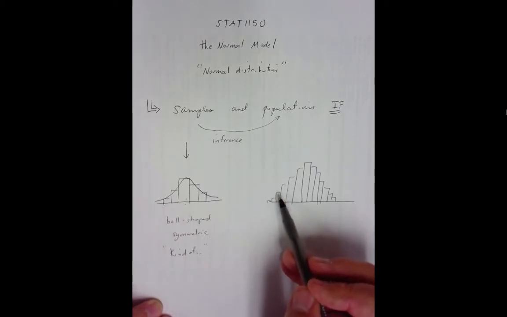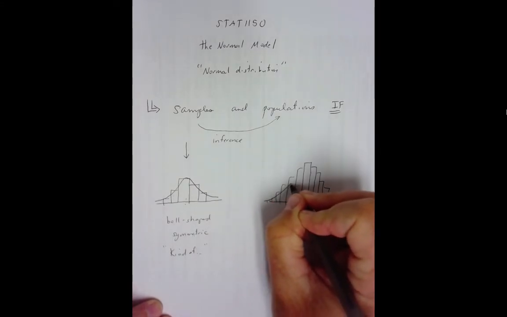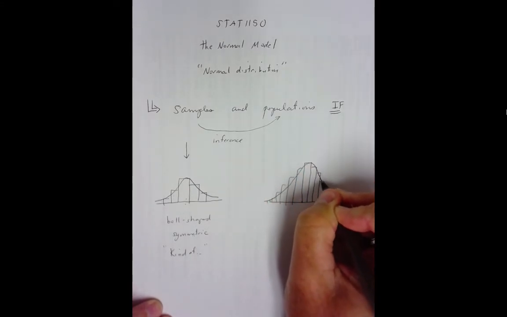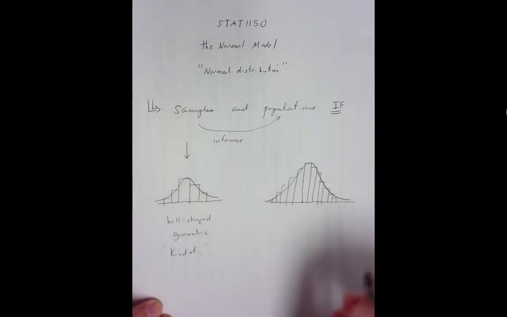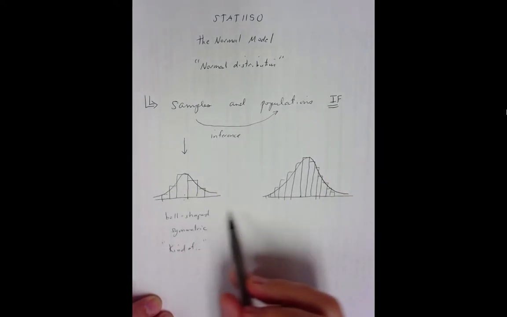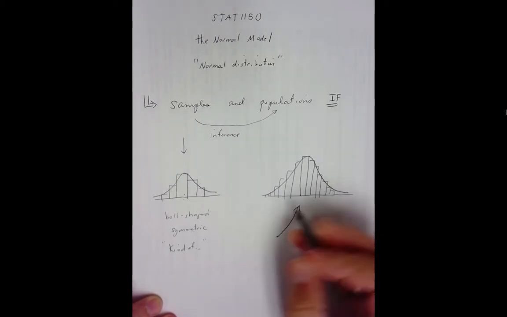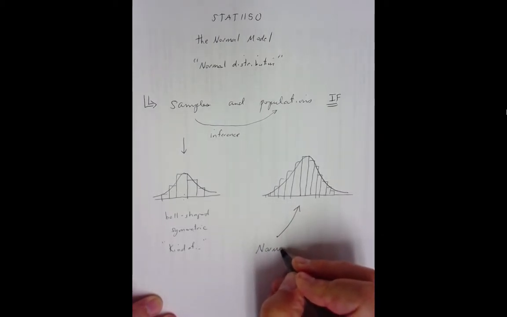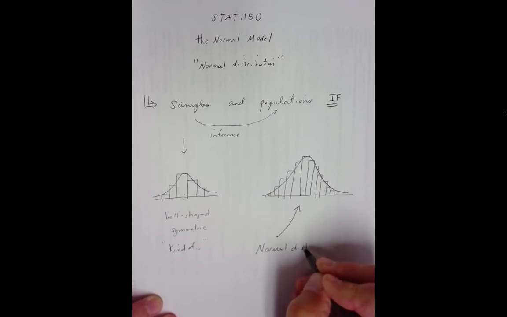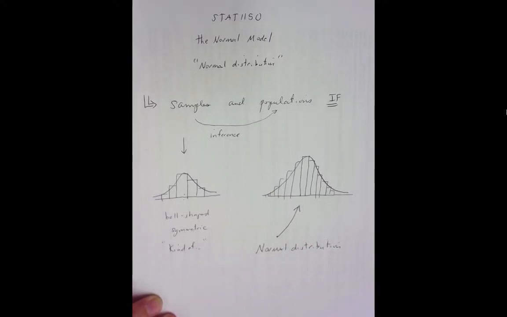But guys, oftentimes in populations, we have distributions that are perfectly bell-shaped and symmetric. And when we have these, we call these things a normal distribution.